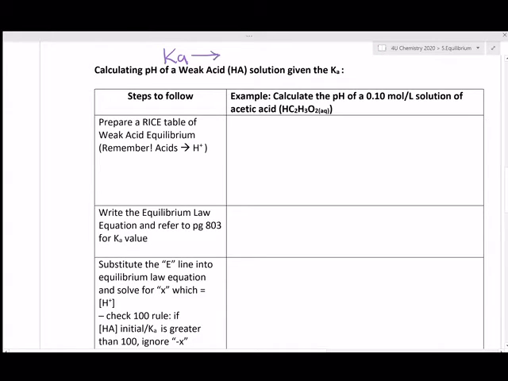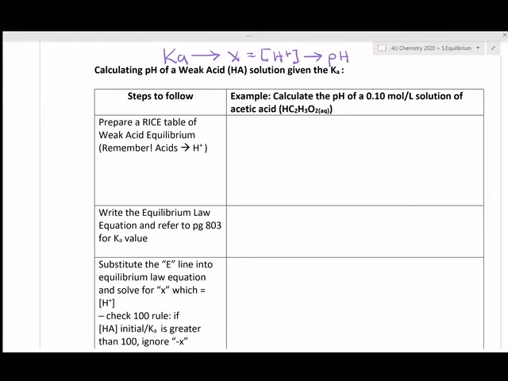From that equilibrium law equation, we are going to be able to solve for X, which we know is going to be equal to the hydrogen ion concentration. And then, of course, you can figure out the pH using your formula, because pH will be negative log of the hydrogen ion concentration.